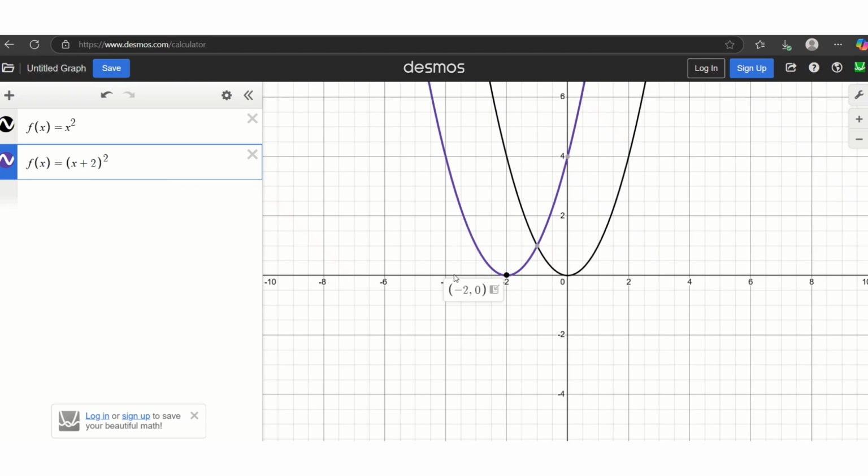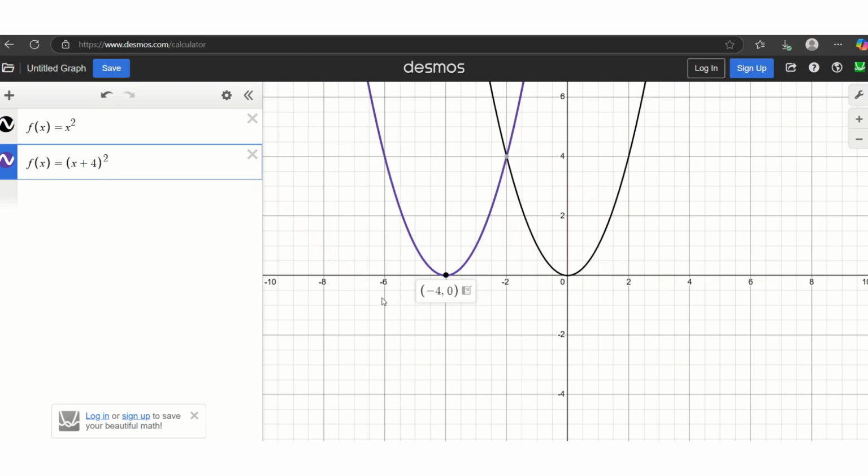So it does slide it to the left. If that is the case, then if I add 4, like I did before, except I add it inside, I would expect it to go left 4. So I'll just delete the 2 and put in the 4. And there we go, it went left 4. So adding that number inside does slide the graph to the left.